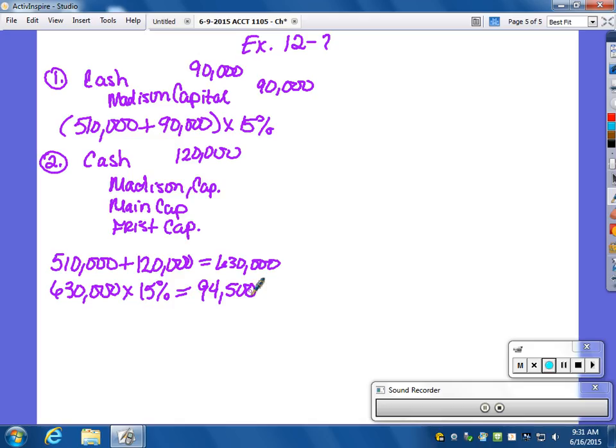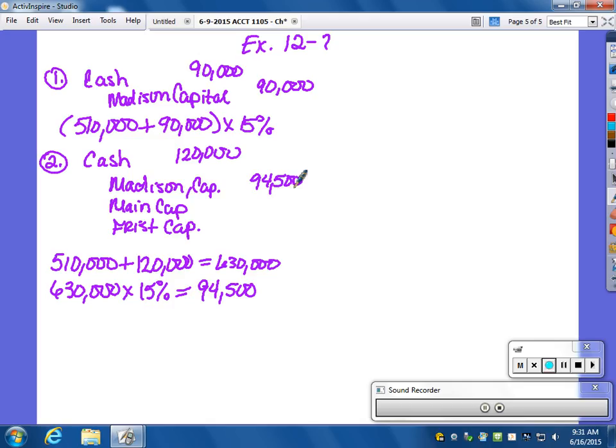630,000 times 15% is 94,500. Now with this 94,500, whose capital amount is that? Madison. So we can reasonably just go ahead and put that there. What's the next step? Subtract it from what?